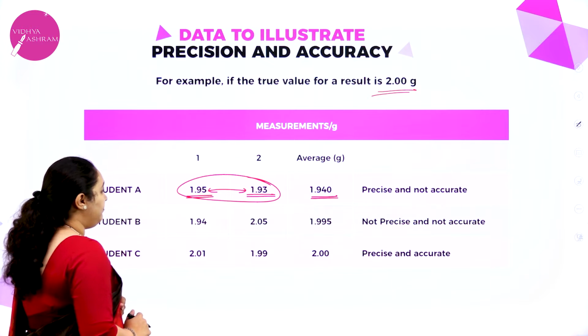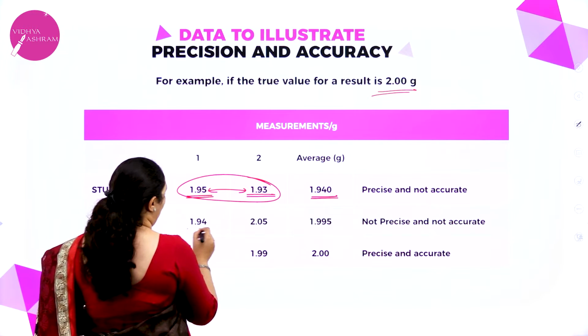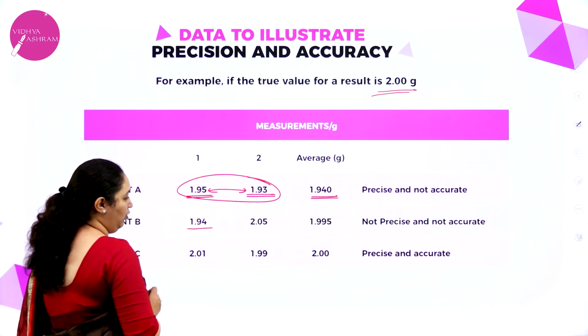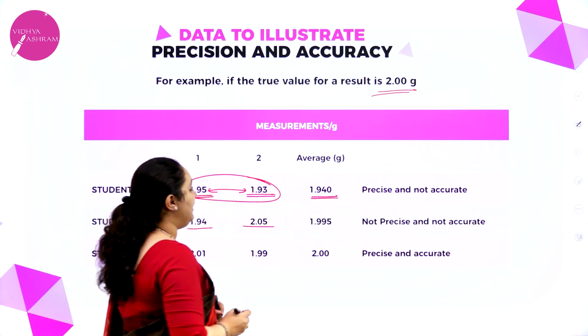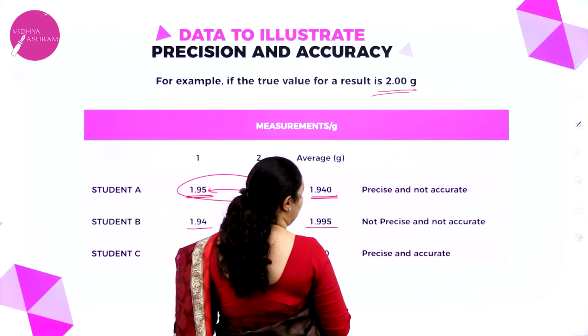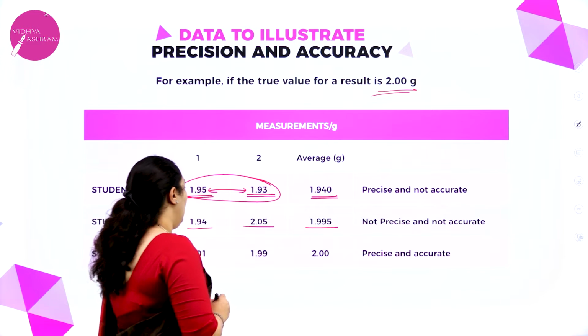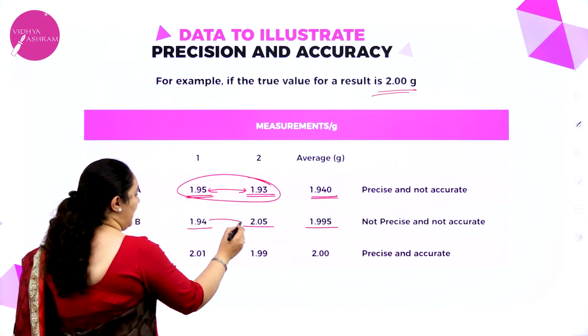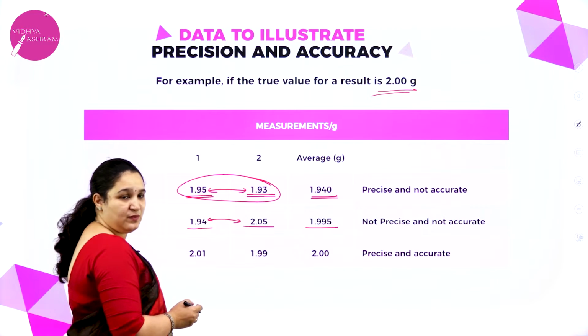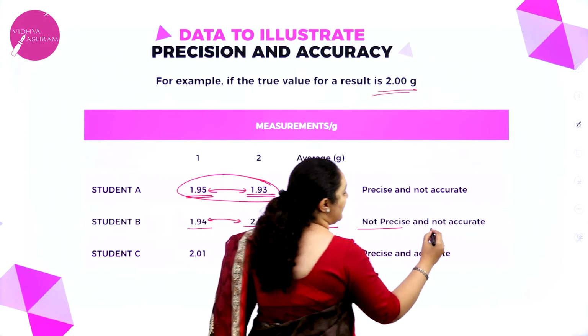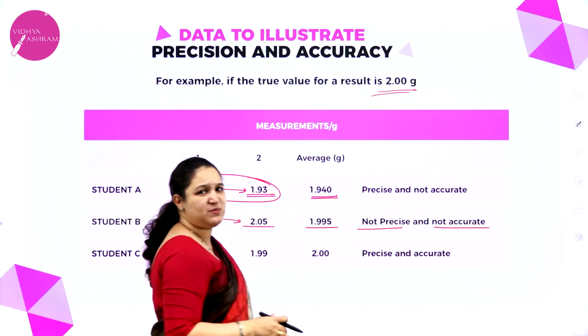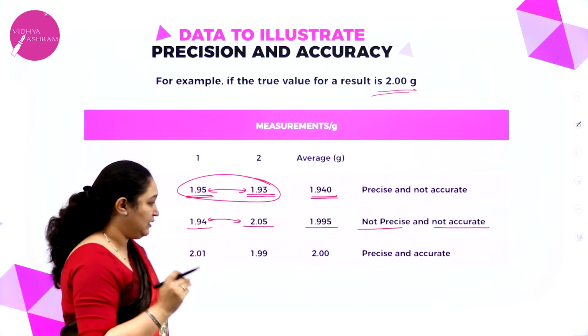Next, student B has 1.94 and 2.05 values, and if I take the average of that, 1.995. Here you see both the values are not very close to one another, nor is it close to the true value. So, nor it is precise, nor it is accurate.